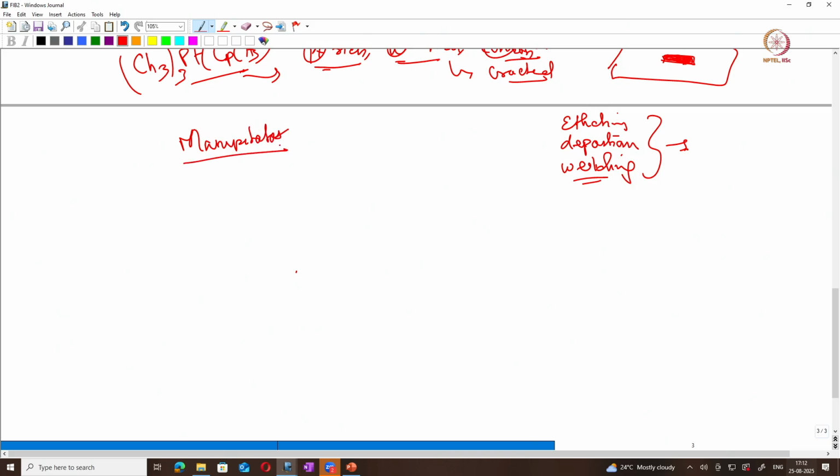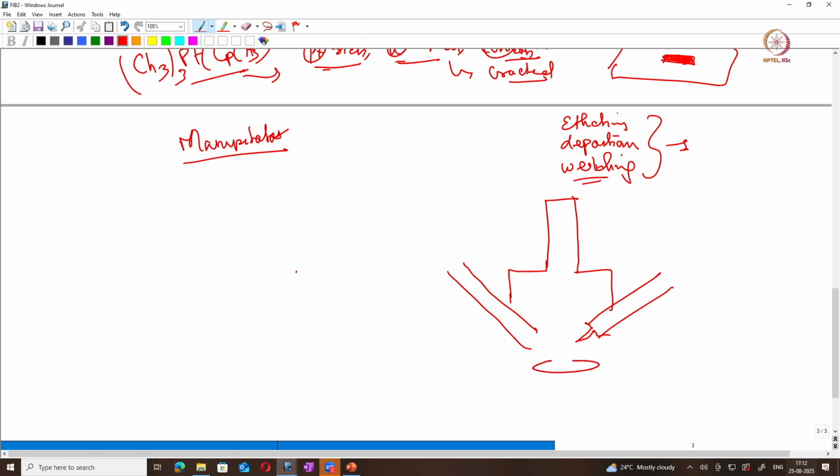This also has a very important function. Again I can draw: this is an electron beam column, you have a chamber, then you have an ion source, you have a gas injection needle, correct. And you have a sample surface.